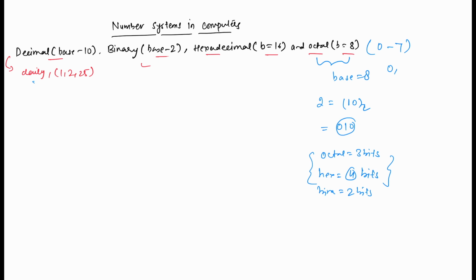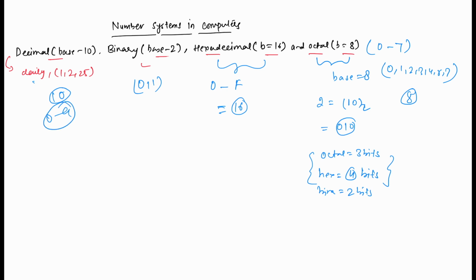If you count 0, 1, 2, 3, 4, 5, 6, 7, the total number of digits under octal is 8. If you count under hexadecimal from 0 to F, the total number of characters is 16. For the binary, we have 0 and 1. For the decimal, 0 to 9 is all that comes under the decimal numbers.